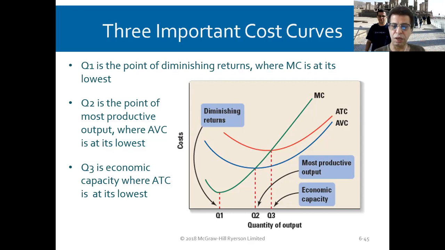In Q3, this is economic capacity, where average total cost is at the lowest point. Say you have a place of 1,000 square meters, and this is the average fixed cost, and you have a machine that takes only 200 square meters.